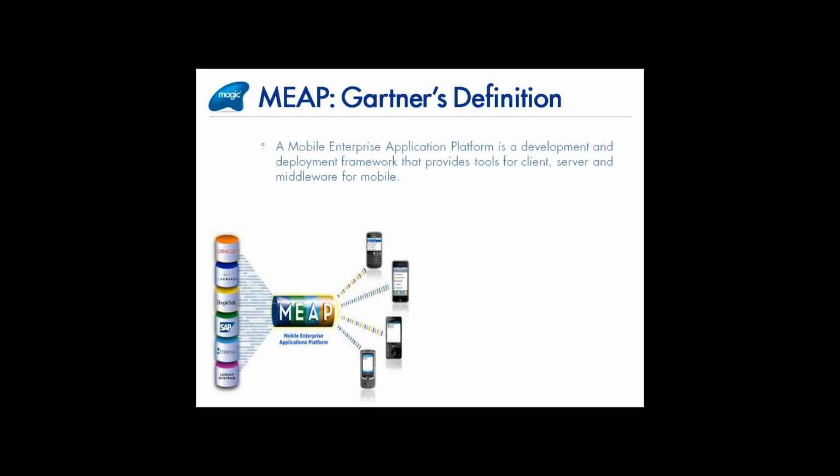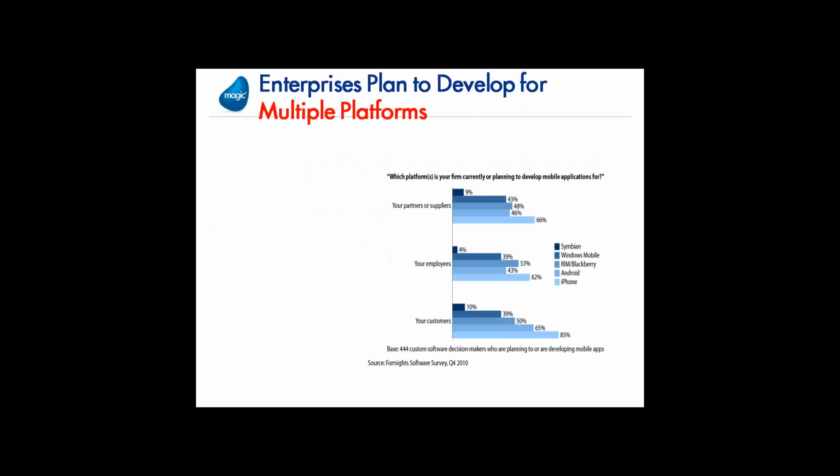In other words, a solution that provides a development and deployment framework that provides tools for client, server, and middleware for mobile, and that does so on any device and any mobile operating system, including smartphones and tablets, and that is including multi-channel and offline capabilities.